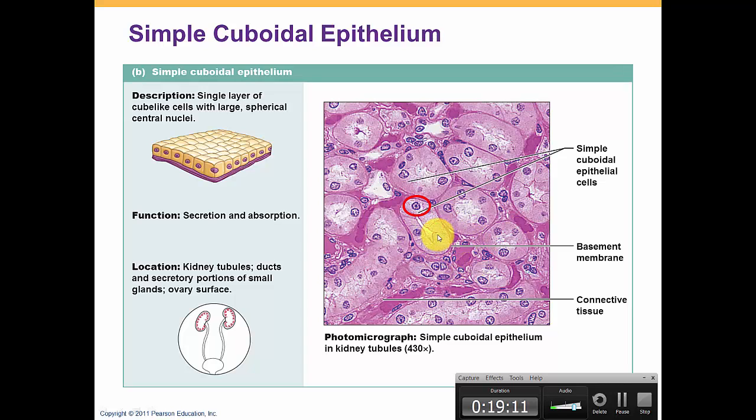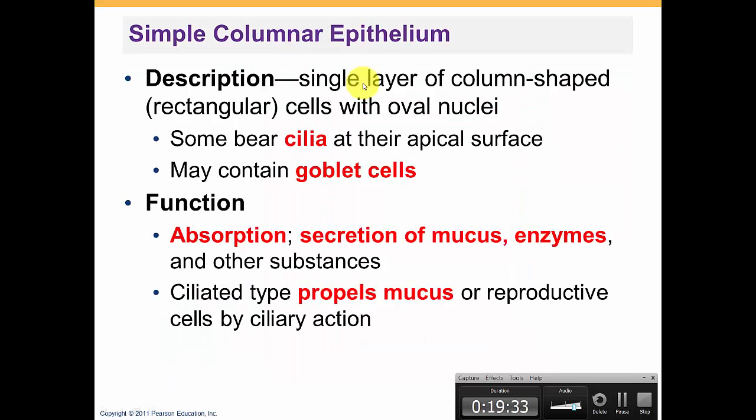So what happens through this one is we need one single layer to allow for the transport, but at the same time there is a process that occurs inside these cells, so we need to have these cells a little bit taller.